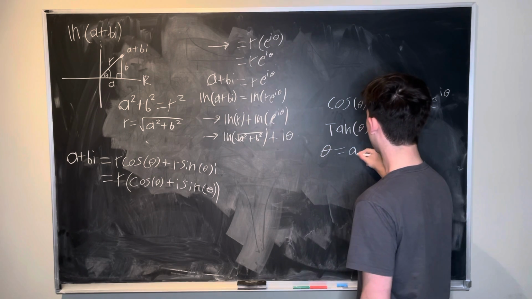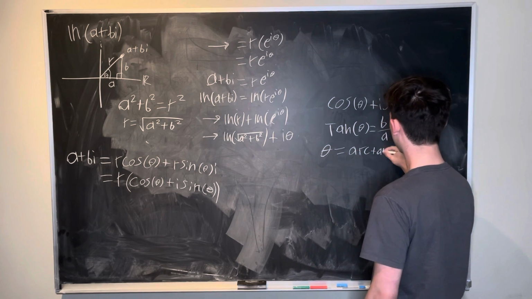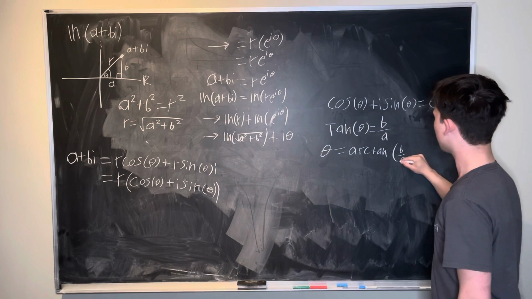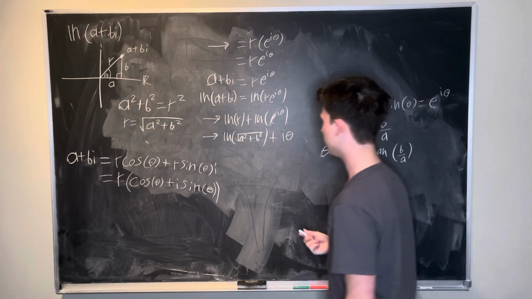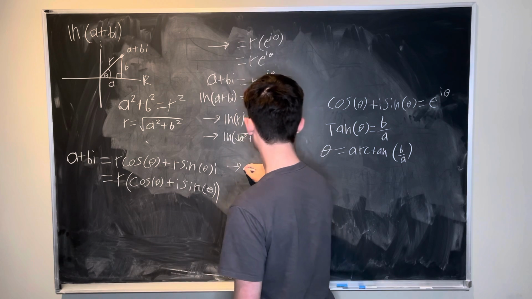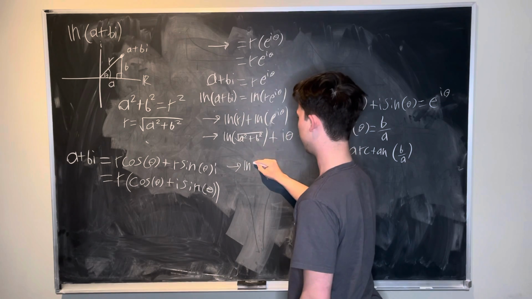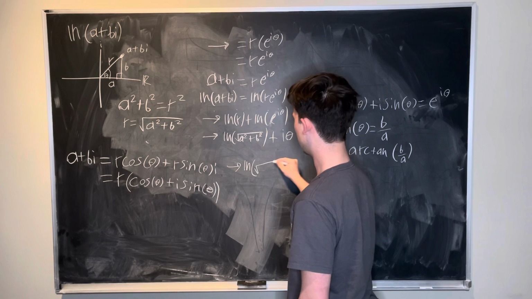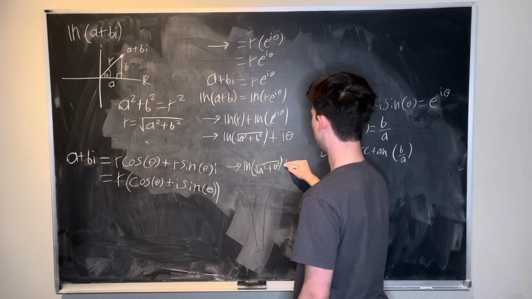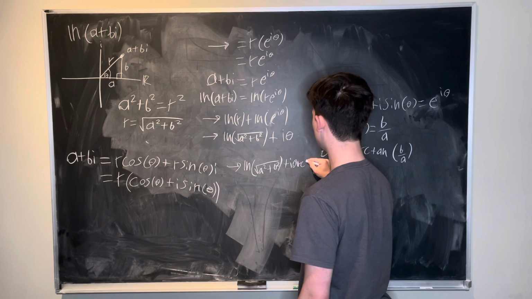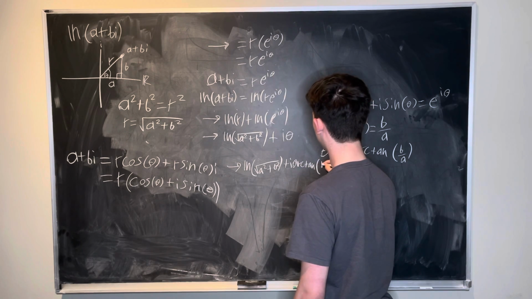And that's equal to the arctangent of b over a. Right, so now what we have to do is plug it in for theta. So natural logarithm of the square root of a squared plus b squared plus i arctangent of b over a.